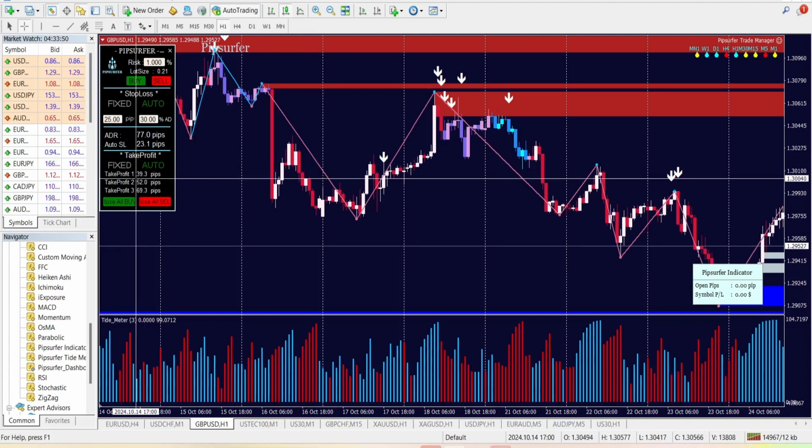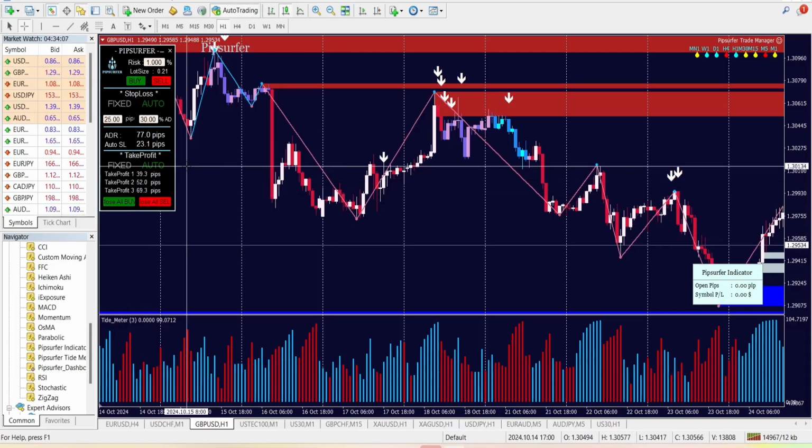What I mean by that is that when it comes to true risk management, the best way to pick stop losses or pick take profits is to go based off the volatility of the market, asset, or pair that you're trading. Not everybody's going to know how to do that.